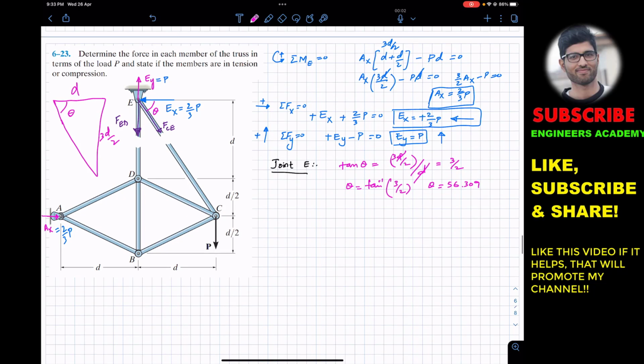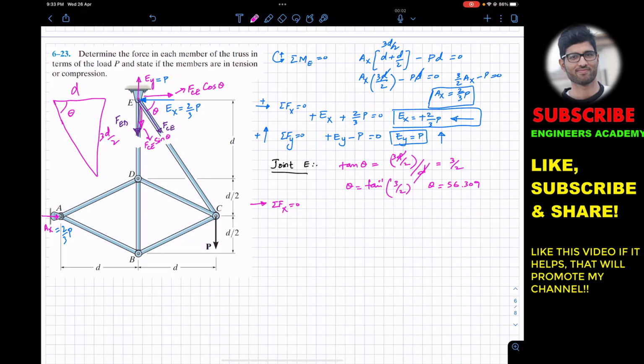So now we can resolve this FCE into its components. It will have one component in this direction, and one component in this direction. This one will be the cos component, FCE cos of theta, and this one will be FCE sine of theta. Now if I apply the summation of forces along X, that must be equal to 0.